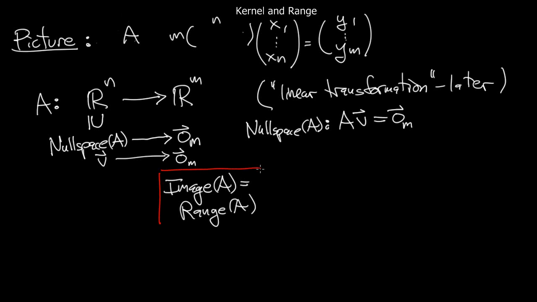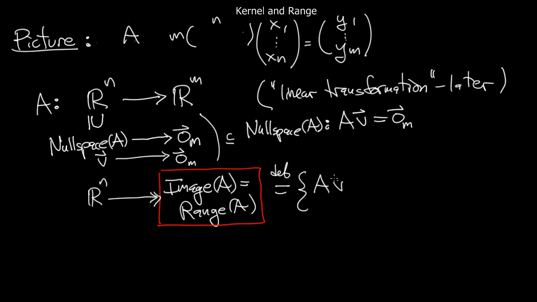This is a new definition now. Define the image or the range of A, which is going to be a subspace of Rm, to be the things which you hit. I'm putting two heads on this arrow to indicate they're the vectors which get hit. And what that means is it's the set of vectors of the form AV as V runs over Rn.